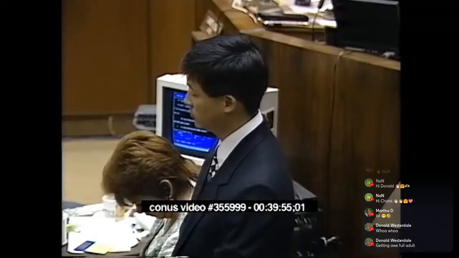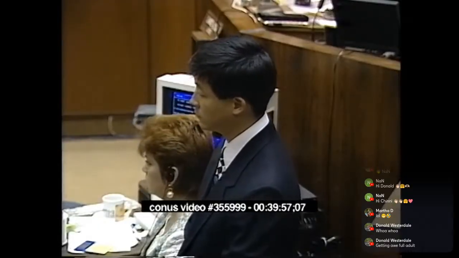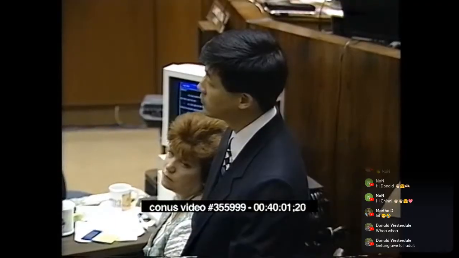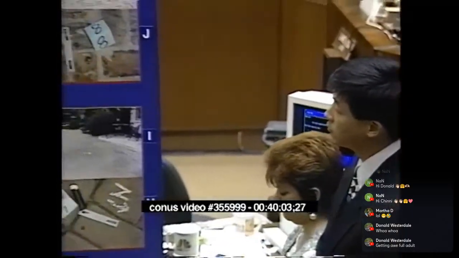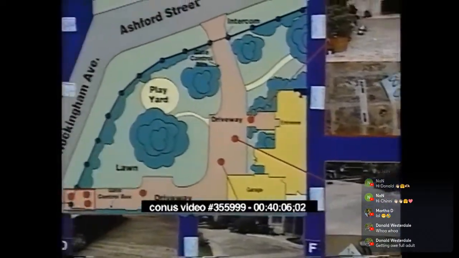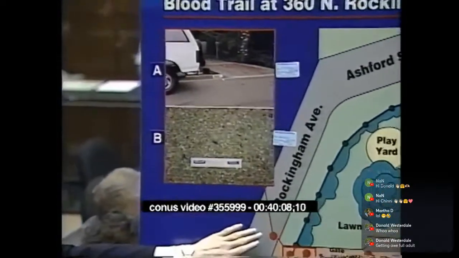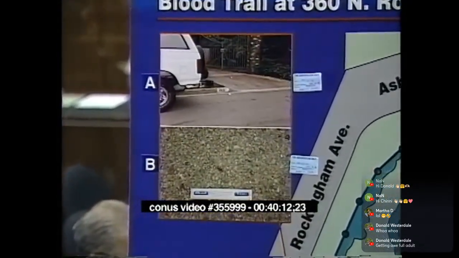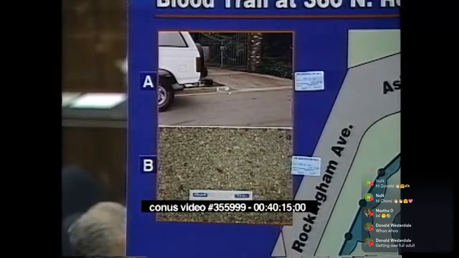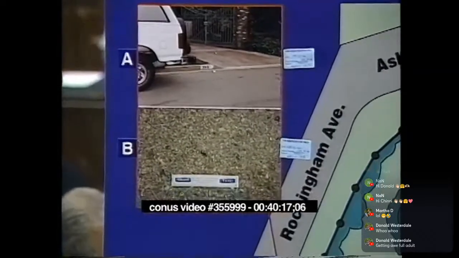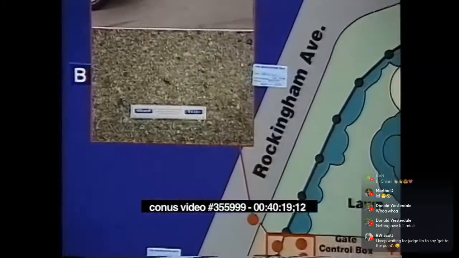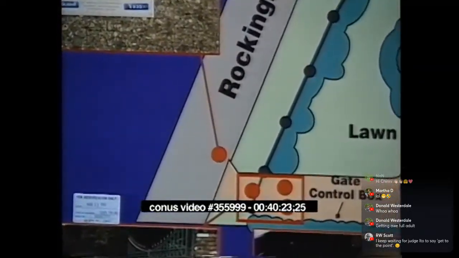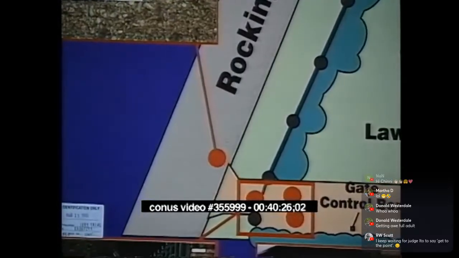Okay. Now there's also a call out line that goes from the photographs that are labeled A and B on this diagram. What does that call out line portray, the general area where you saw these two stains? The stains in A and B. Yes. Okay, one's in the street, the other one is in the driveway. Yes. All right.